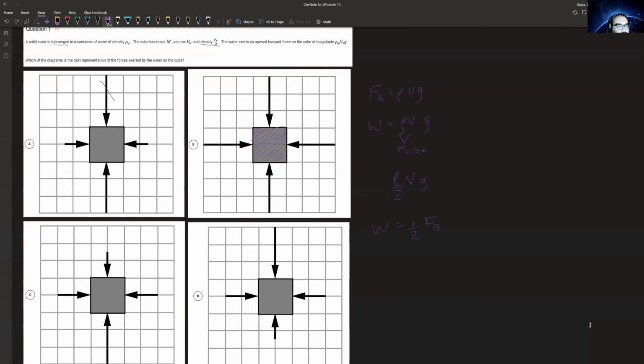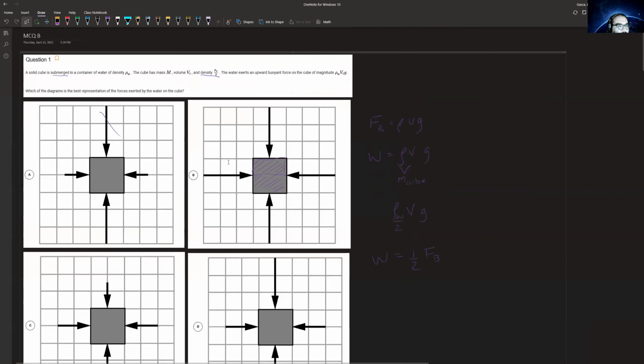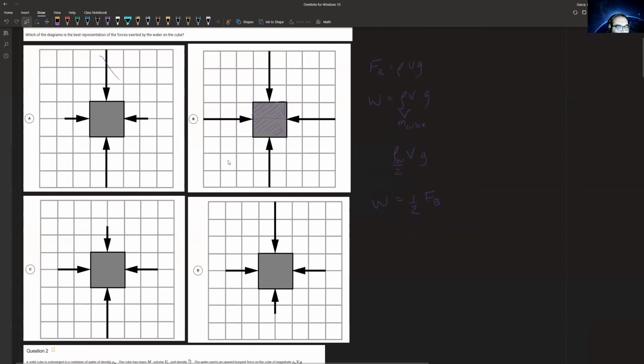So these arrows are going to give us those magnitudes. We need to find a scenario where the downward force, oh, not only that, in this case, sorry, they're just asking for the forces by the water. As we go deeper, the bottom feels more force. So automatically that's C. Even my explanation here would give you the explanation that C is the answer.